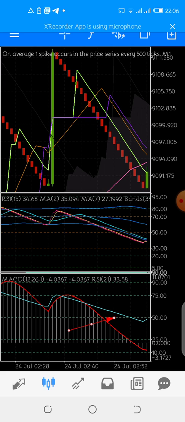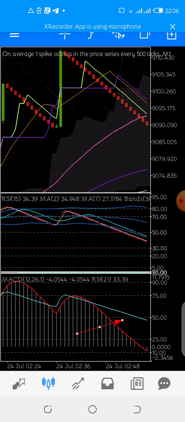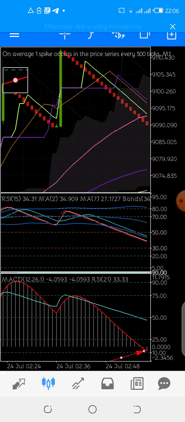Anytime the moving average of the MACD, which is the red line, moving average 1 of the MACD, has touched level 10 here: if the MACD comes to touch level 10 and this RSI is around level 50, between level 50 and level 25, like it's not on the extreme at the same time with the MACD at level 10.